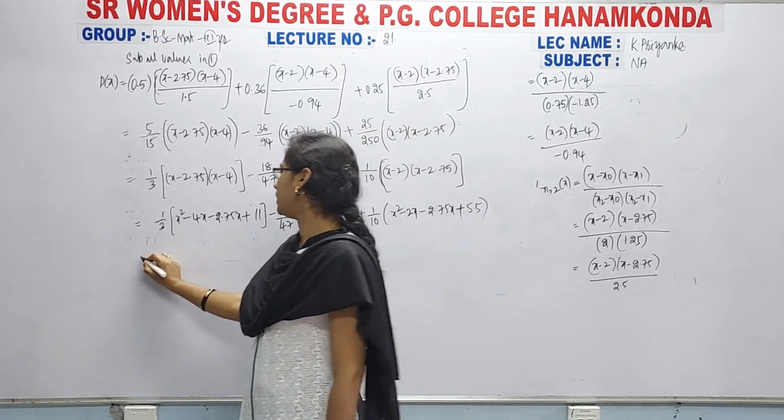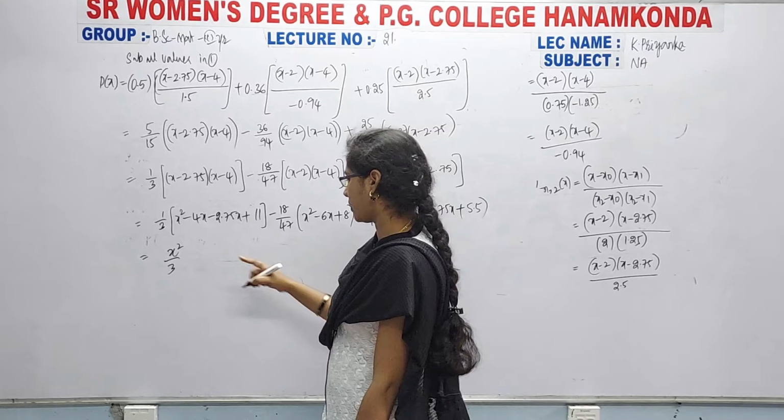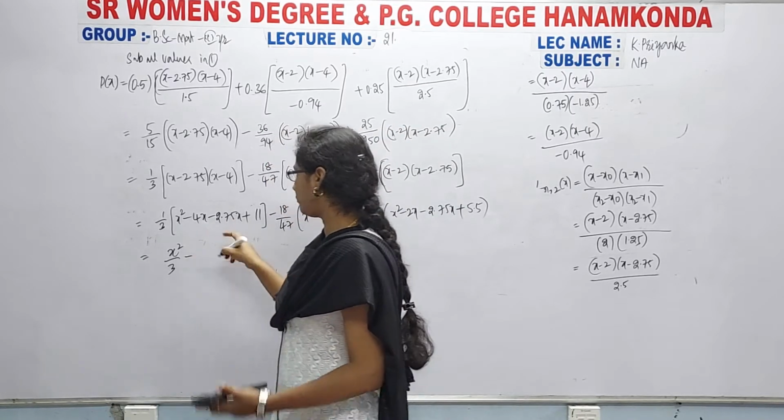Okay, so now here x square by 3, I am writing the x square term in order, and here 4x, x terms.